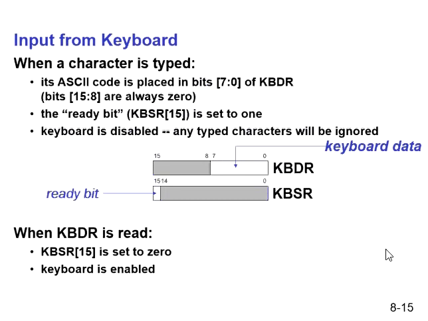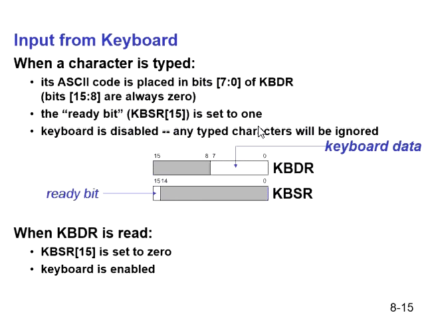Now when we study input from the keyboard, in the status register we have bit 15, KBSR[15], which is the relevant bit. When it is 1, the keyboard is disabled, which means we already have a character in the data register.